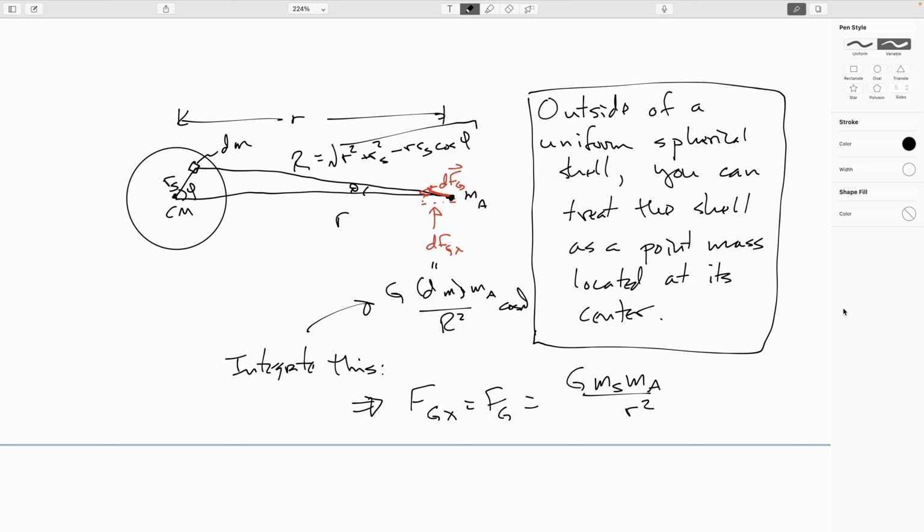The integration is insanely tedious and annoying, but I have done it elsewhere in the channel. So anyway, you look at this and say, zounds, this looks exactly like I had 2 point masses, one located here at the center of mass, one located there. And that's how we get that result.